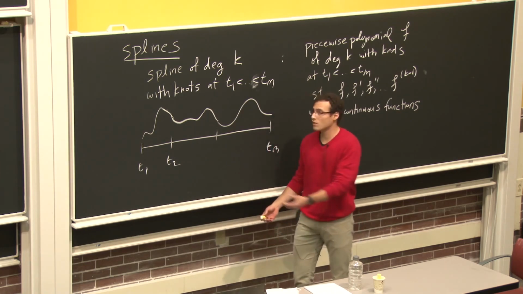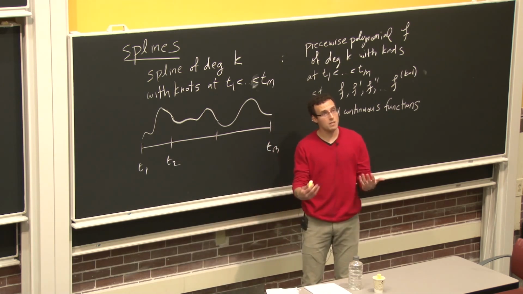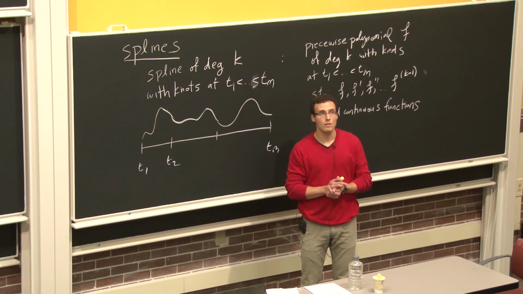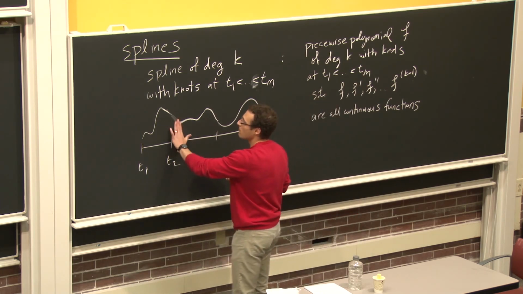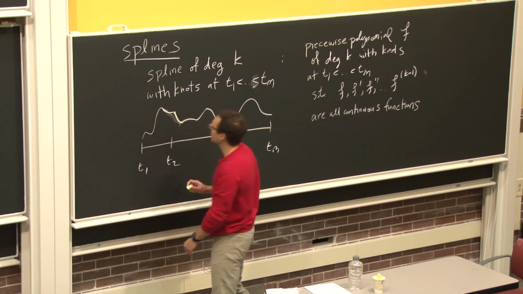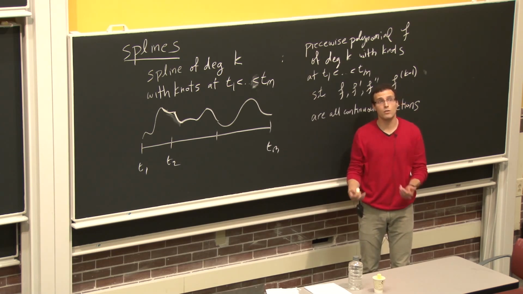If I didn't have the restriction that the function was continuous, or its first derivative, say, was continuous at the knots, then if I estimate a spline from data, I may get weird effects at the boundaries. I may end up being misled by some boundary point and get something like that. And in terms of the bias-variance trade-off, I may be expending variance for no reason.